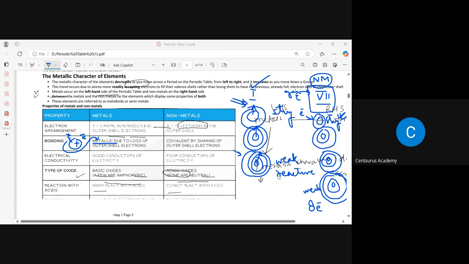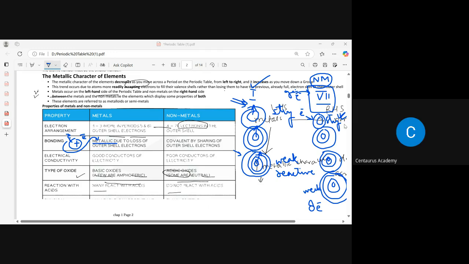How do we determine the strength of metallic bonding in all of these three groups? Yes, Zoya. I think group 1 because they can easily lose their electrons. They only have to lose one electron. So their metallic bonding is more.